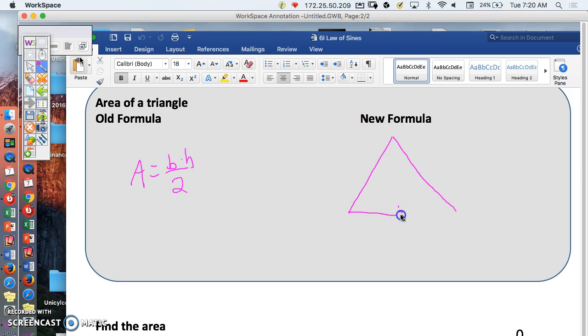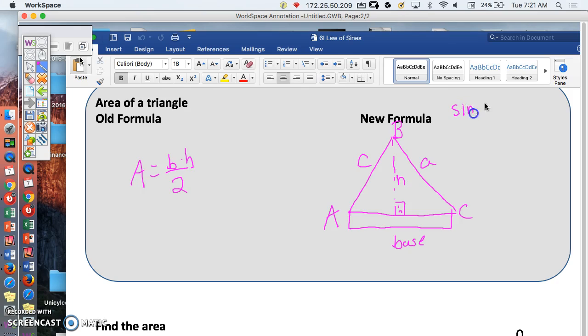So for example, let's call this A, B, C, and we don't know our height here. But if we say that this is our base right here, and we dash in our height, we could now use trig.